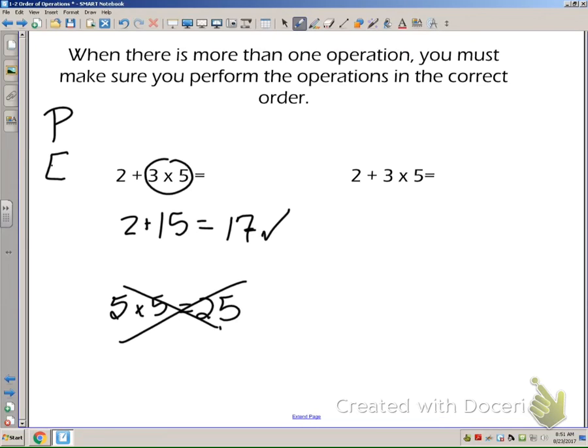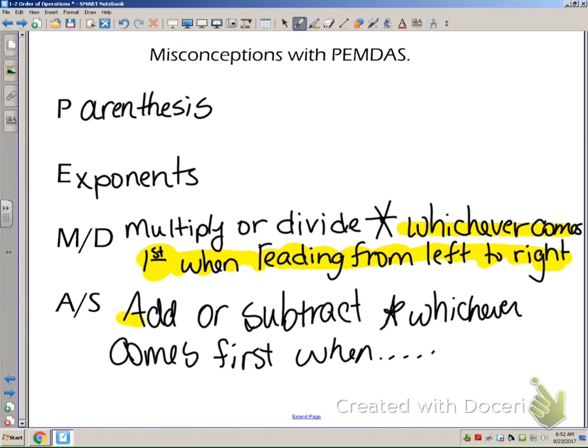I'll put this up here: parentheses, exponents, multiplication or division, whichever comes first, reading left to right, and then addition and subtraction, whichever comes first, reading left to right. So let's look at some more examples. There are a few misconceptions with PEMDAS. A lot of people want to say parentheses first, then exponents, then I multiply, because that's the way that we say it.